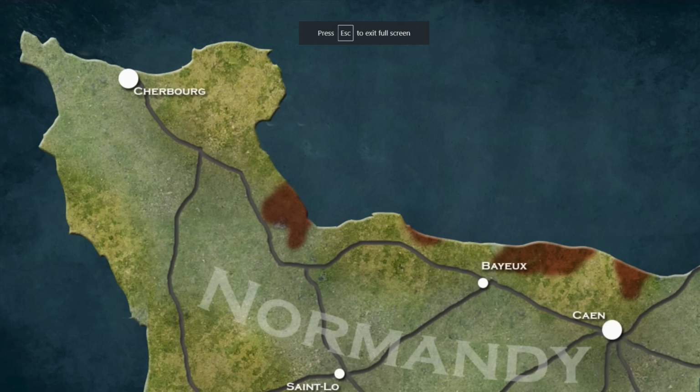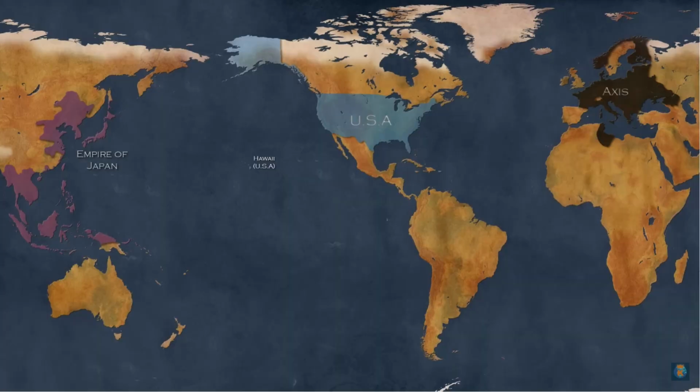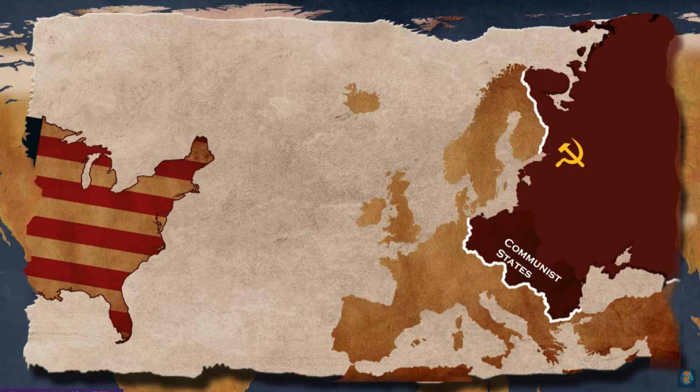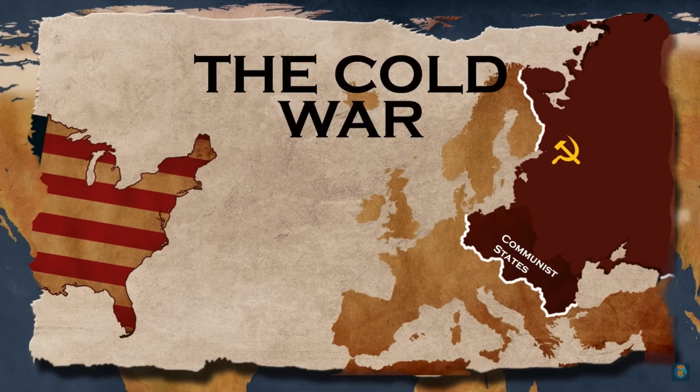The United States emerged from the war as a global superpower with its economy booming and its influence extending across the world. The post war period was characterized by the onset of the Cold War and geopolitical rivalry between the United States and the Soviet Union.